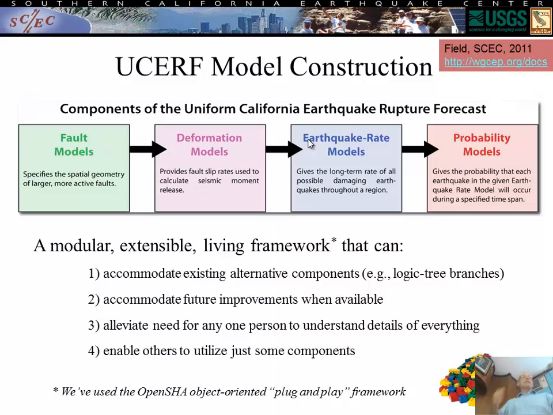How fast is the zone deforming? How much then has to be released by earthquakes? Then the earthquake rate model: how big are the earthquakes? Do we have many, many small ones, or a few big ones? How does this work? And then we go into the final probability map of the rupture forecast.